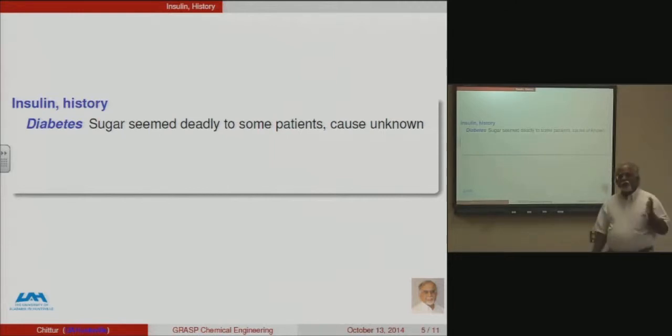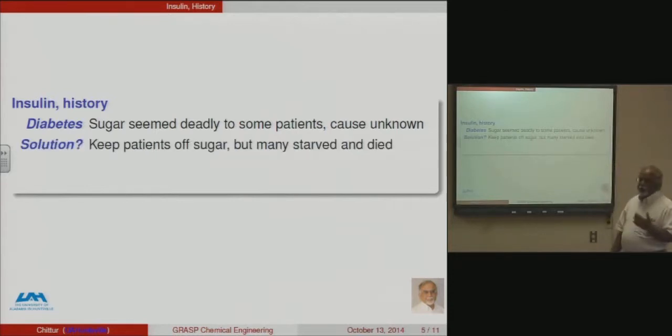So diabetes is an example where sugar is in fact deadly, unless there is a way to help transport it into the cells. But if the diabetic patients do not have enough sugar, they will essentially starve, and that's not a good thing either.